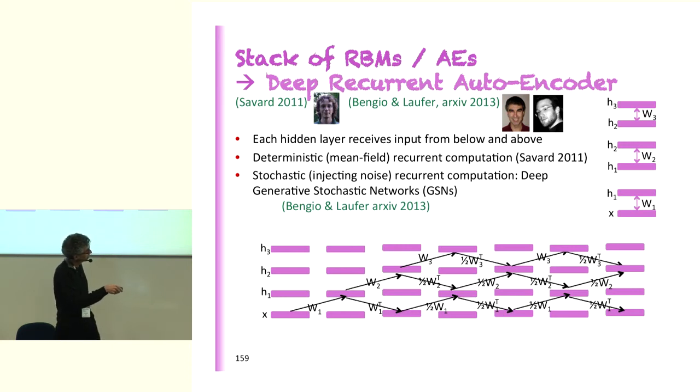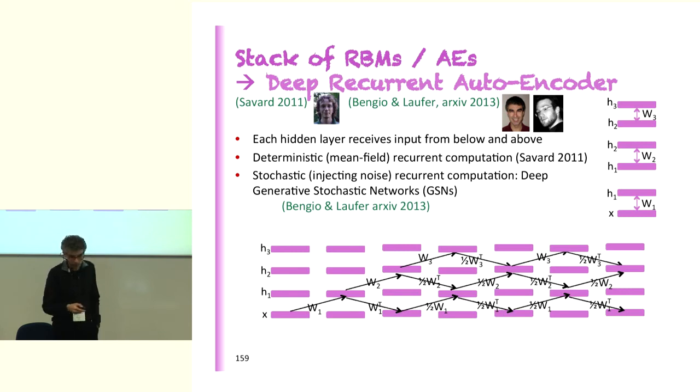So at any time, each layer is going to be updated by looking at the layer above and below, doing the sum of the dot products corresponding to these inputs coming into this one, and then sending the result to the layer above and below at the next time step. This creates a kind of graph like this, which is the kind of computation you can think of as a big recurrent net with a special architecture.